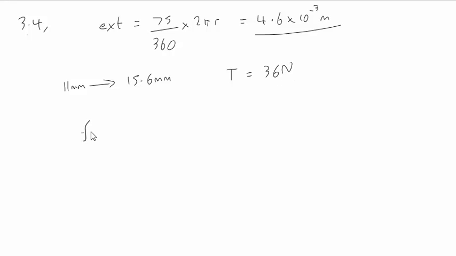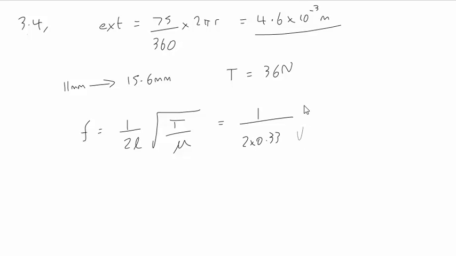Then we can use frequency is equal to 1 over 2L root T over mu, and this is then 1 over 2 times 0.33 as the length, times root of the tension of 36 newtons over mu, which we've just found as 4 times 10 to the minus 4, and this gives a frequency of 454.54 Hertz, or 455 Hertz.